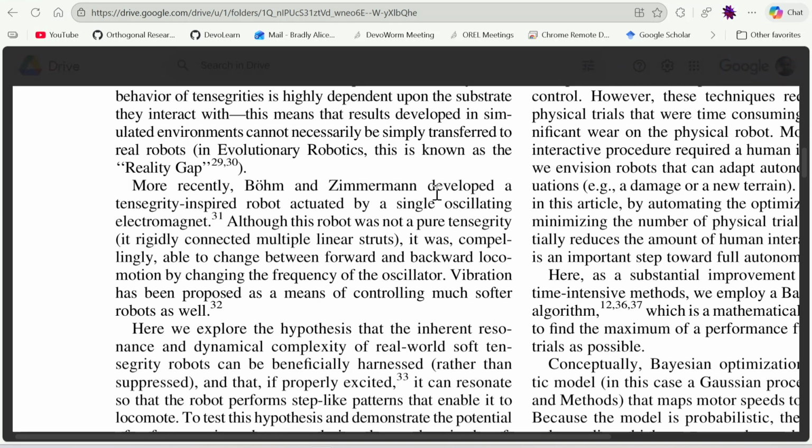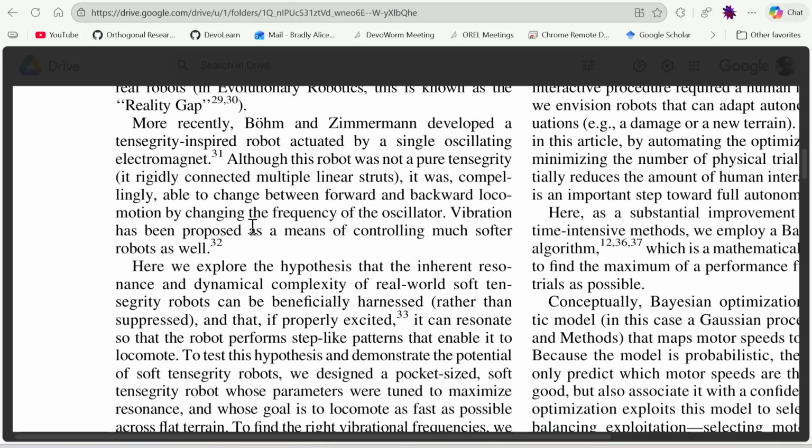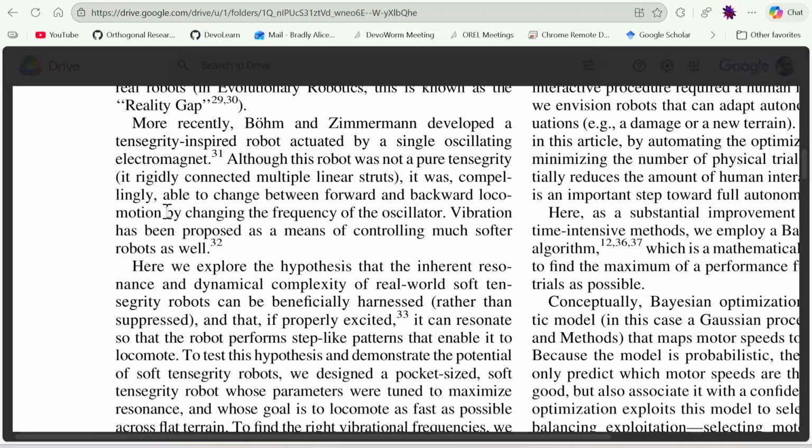More recently, Bohm and Zimmerman developed a tensegrity-inspired robot actuated by a single oscillating electromagnet. This was compellingly able to change between forward and backward locomotion by changing the frequency of the oscillator. Vibration has been proposed as a means of controlling much softer robots as well.